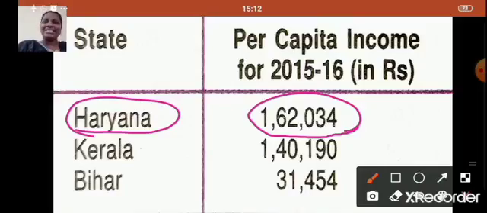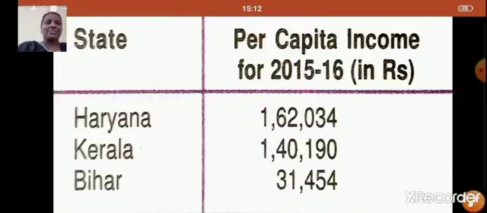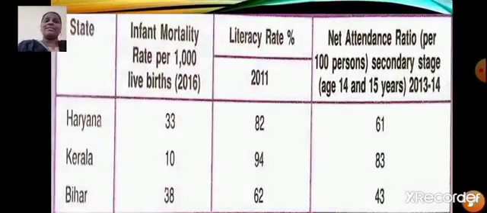1,62,034. Now let us compare these 3 states again on the basis of some other criteria, like infant mortality rate, literacy rate and net attendance ratio. You all are aware of these terms, we have already learnt about them.